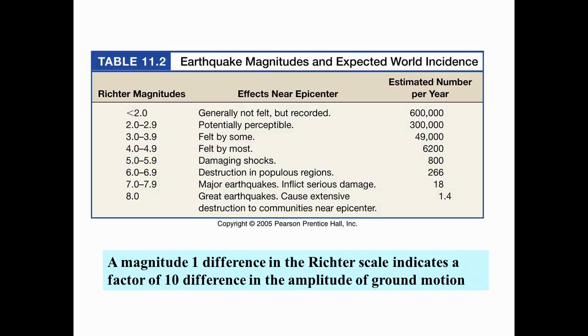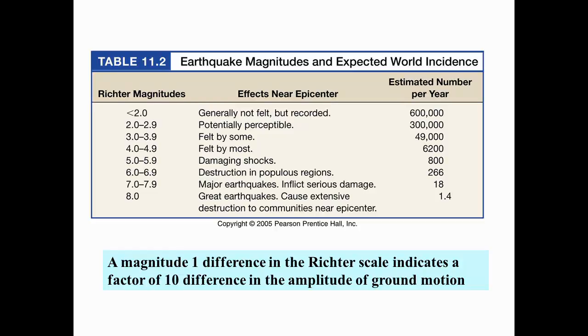So here's a table of the earthquake magnitudes, which range from less than 2 up to values in excess of 8. And obviously, the higher the Richter magnitude, the stronger, more energetic the earthquake.